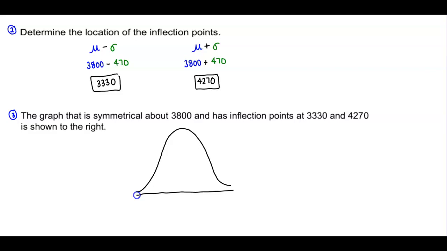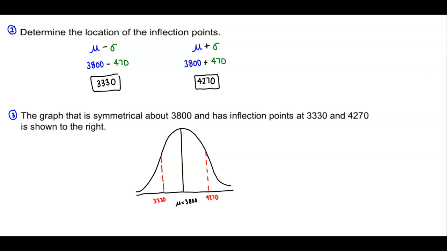Okay, and then we know that the mean, mu, is at 3,800. And then we know that there are inflection points. We have an inflection point located at 3,330, and another inflection point located at 4,270.